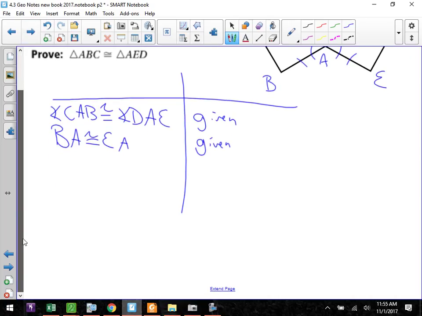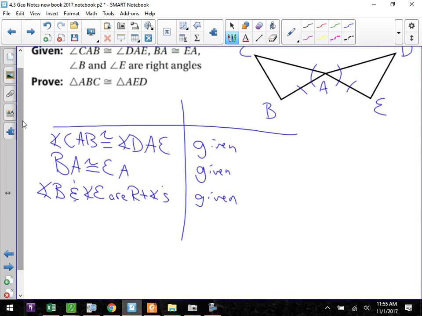It says that angle B and angle E are right angles. Now, if I'm not mistaken, on our sheet, we don't have anything that says if given right angles.